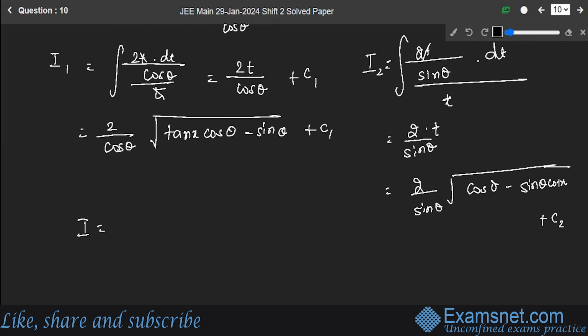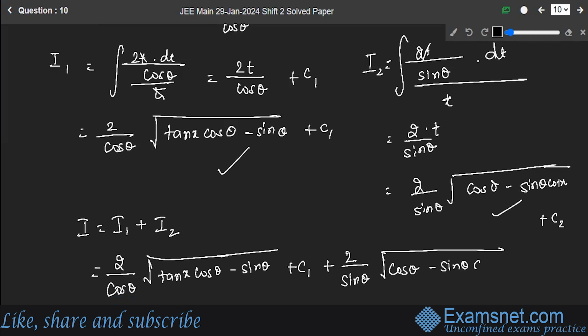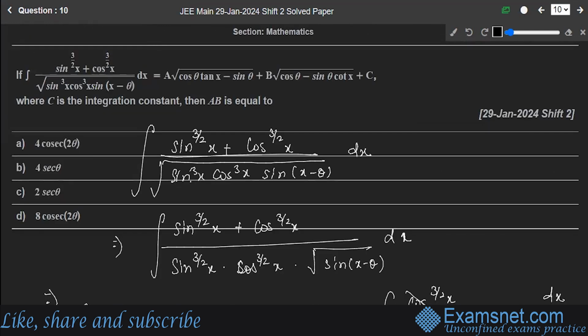So your I, which was equal to I1 plus I2, is 2 upon cos theta root of tangent x cos theta minus sine theta plus C1, plus 2 upon sine theta root of cos theta minus sine theta cot x plus C2. Comparing with the given general equation, C can be written as C1 plus C2, and we don't need to bother about that.